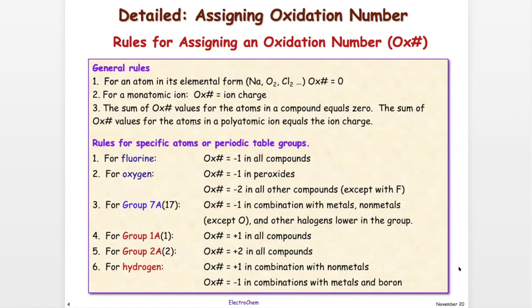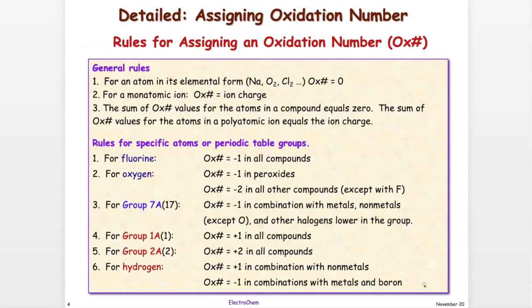Oxygen is -2, except when it's bonded to fluorine, then it can be -1, or it can be in a peroxide or superoxide, in which case it's -1/2. Those are weird exceptions. Then a metal, as found, is neutral. The neutral metal has an oxidation state of 0. Diatomic molecules like H2, Cl2, Br2, F2 have an oxidation state of 0.